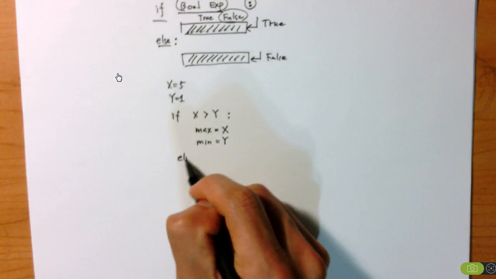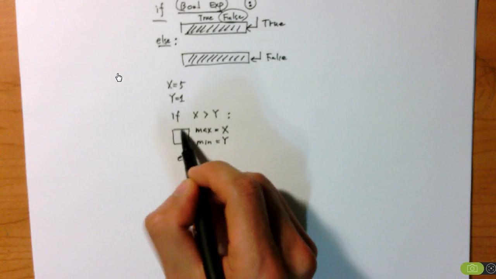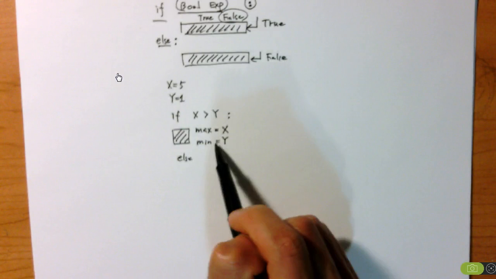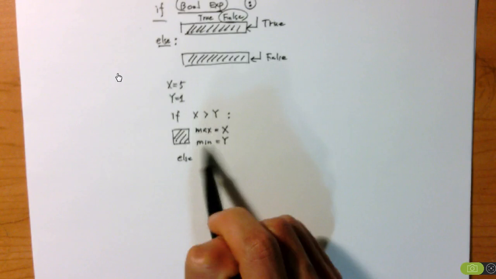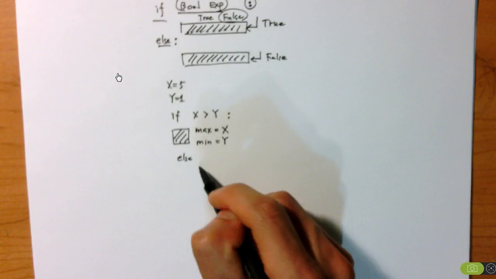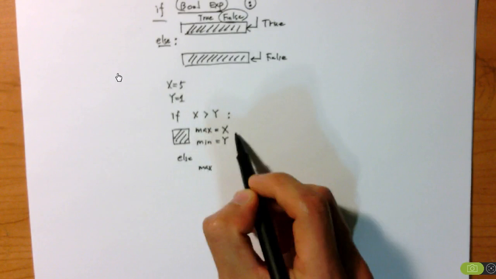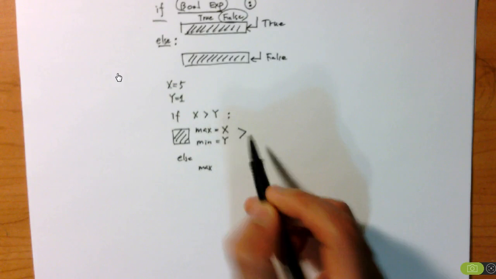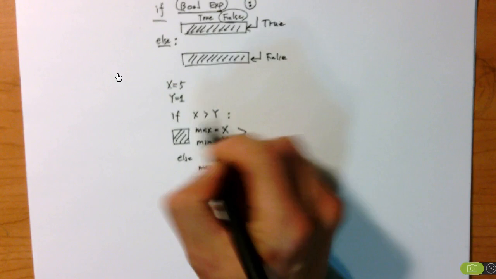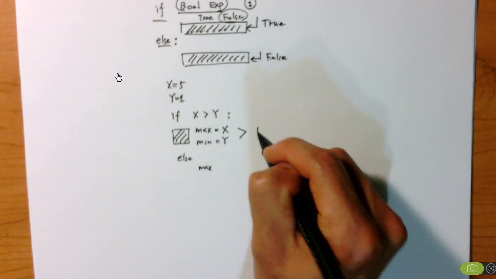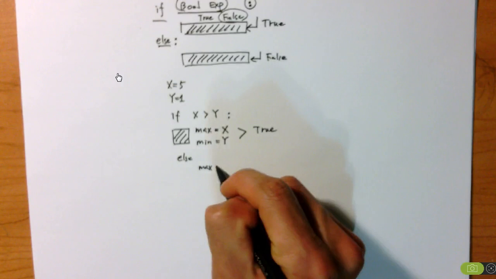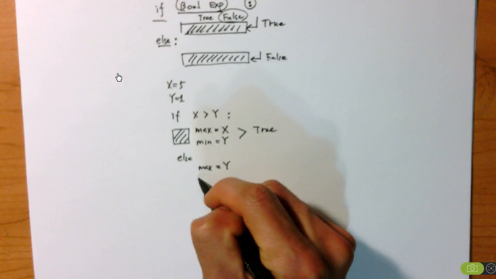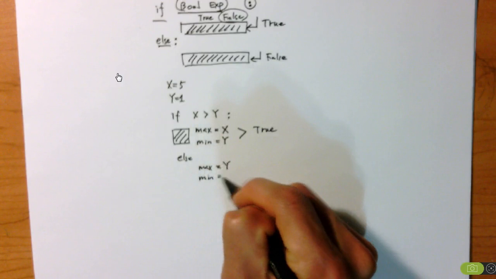Else, note that there are indentations. This indentation means that these two statements belong to this if statement. They are executed if this Boolean expression is true. Otherwise it's the opposite: max becomes y and min becomes x.